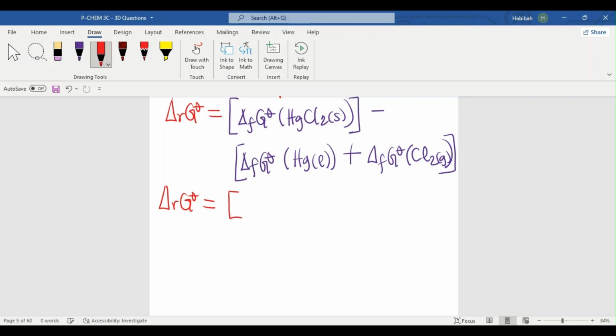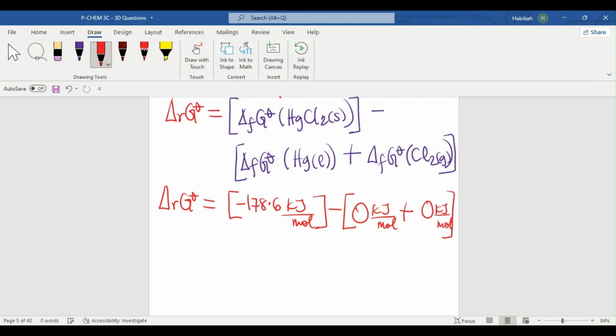The Gibbs energy of formation for HgCl2 according to the resource section of our textbook is just negative 178.6 kilojoule per mole, minus the Gibbs energy of formation for Hg, which is just mercury liquid, is 0 kilojoule per mole, plus the other reactant, Cl2, the Gibbs energy of formation for chlorine gas is also 0 kilojoule per mole.